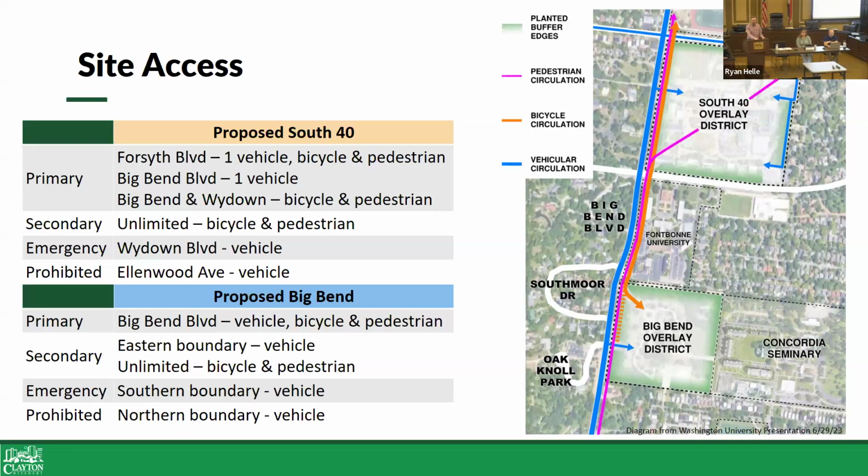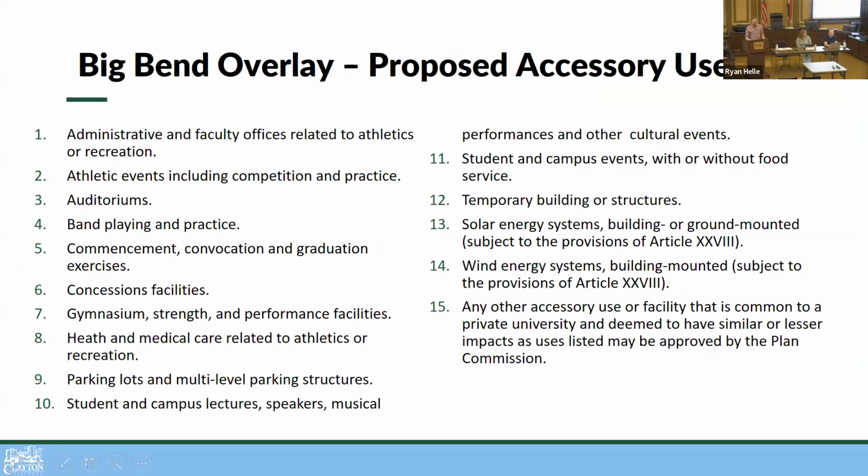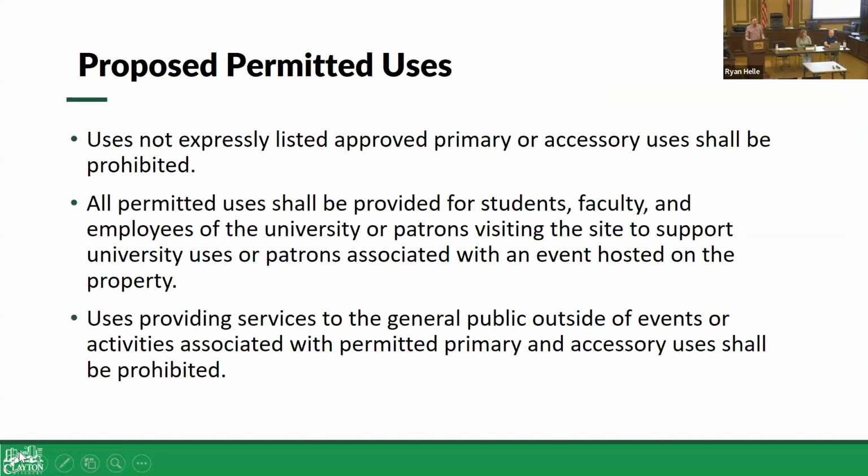Any other questions online or in the room? So on the CBC campus, it's not actually a part of the overlay itself. The thought again is, it's only being utilized really for the athletic uses right now.